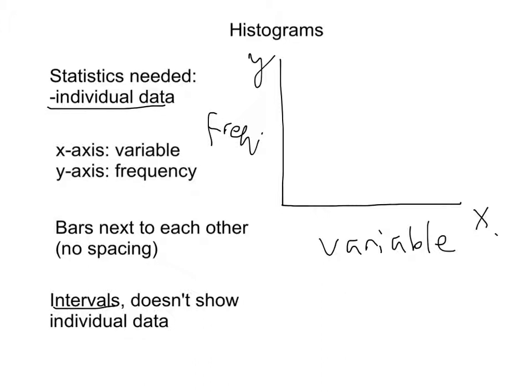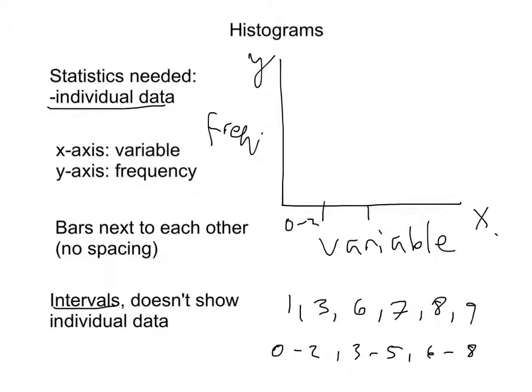So let's say our data is 1, 3, 6, 7, 8, and 9. Let's say our intervals are 1 to 2, 3 to 5, 6 to 8, and then 9 to 11. So we have 1 here.